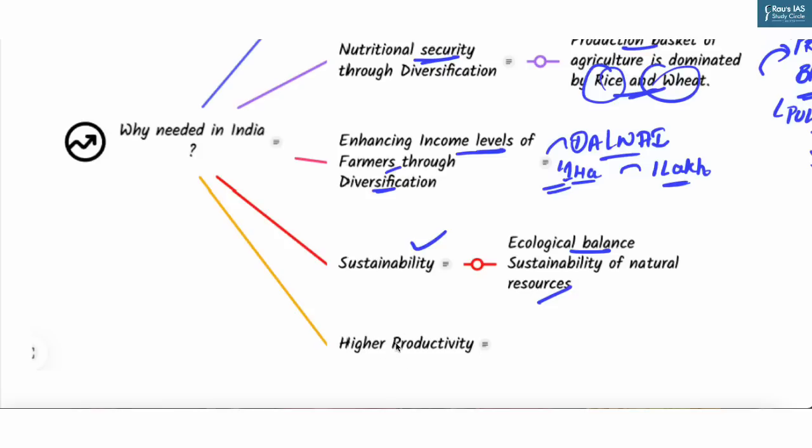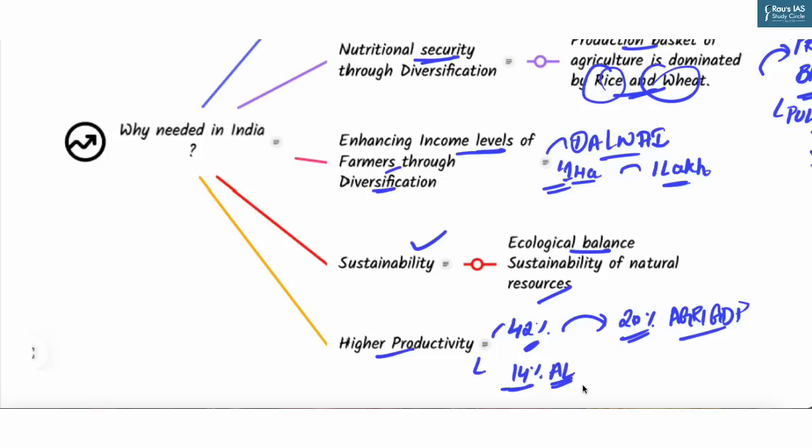Next is diversification could lead to higher productivity. How? Cereal crops occupy 42% of agricultural land but contribute only 20% of agricultural GDP. However, horticultural crops occupy only 14% of agricultural land but contribute 33% of agricultural GDP.